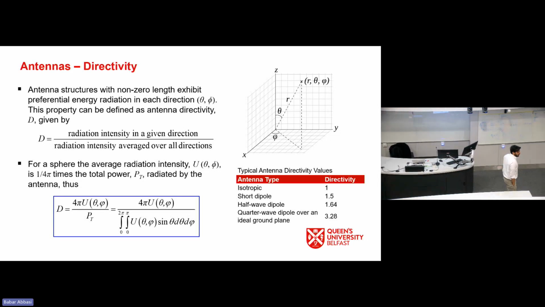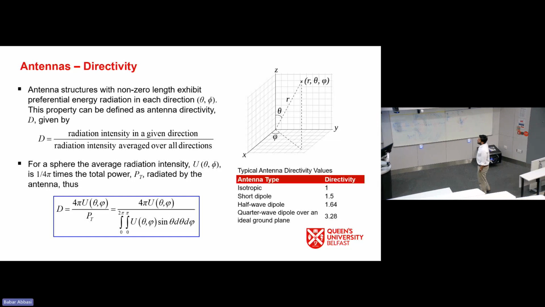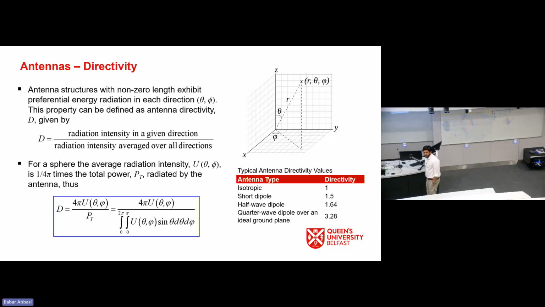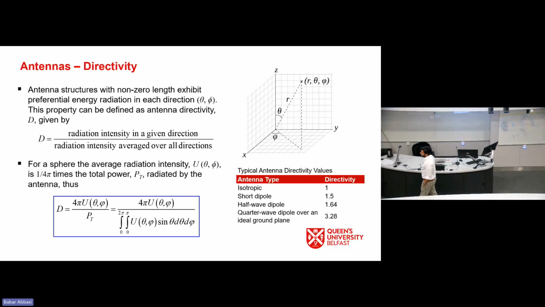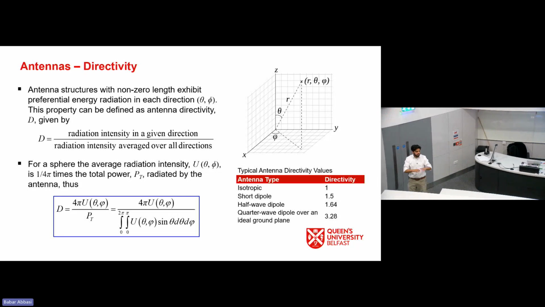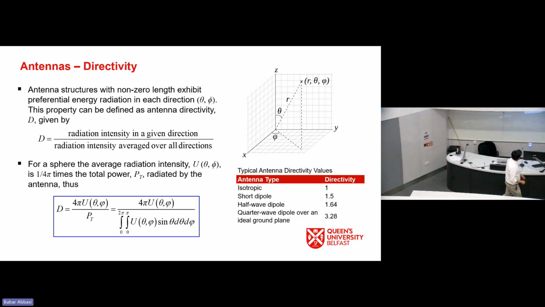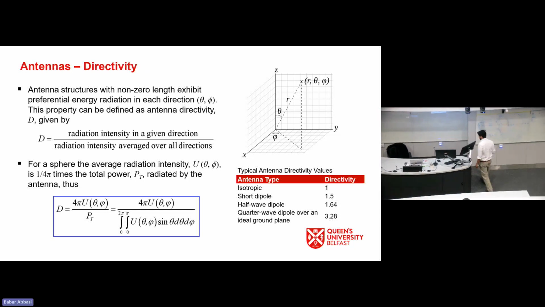So what is directivity? Directivity is basically, by definition, radiation intensity in a given direction divided by total radiation intensity spread across all directions. Let me try to explain this and then I will come to this equation.